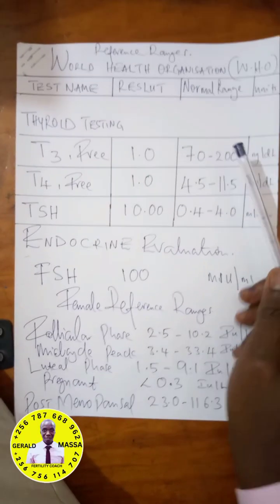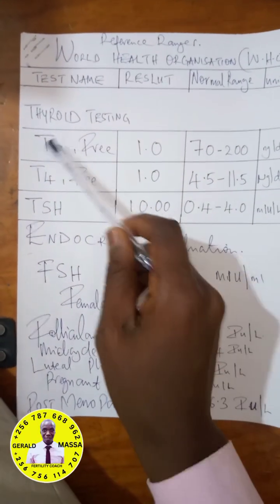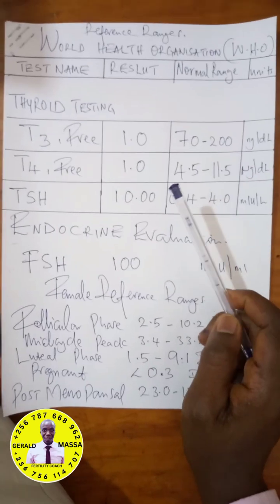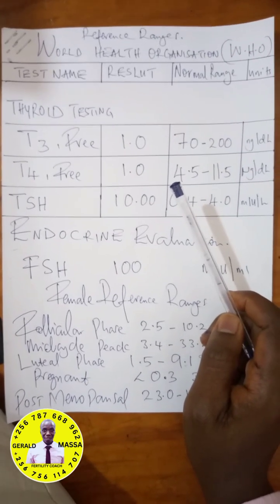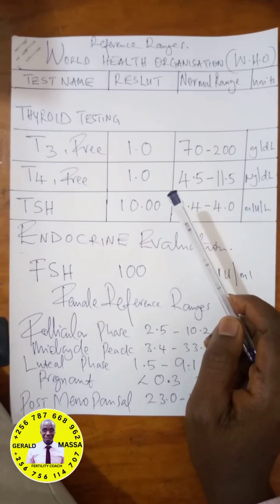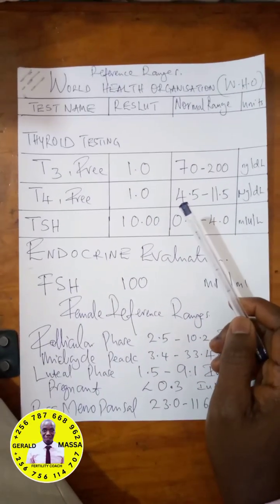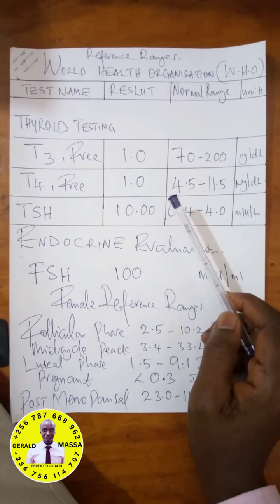Causes of this could be due to issues in the thyroid gland. These could include infections. They could include swellings, which we call multinodular swellings or multinodular goiter, and it could also be due to other causes.